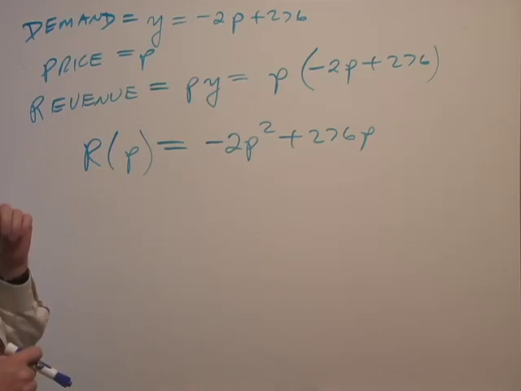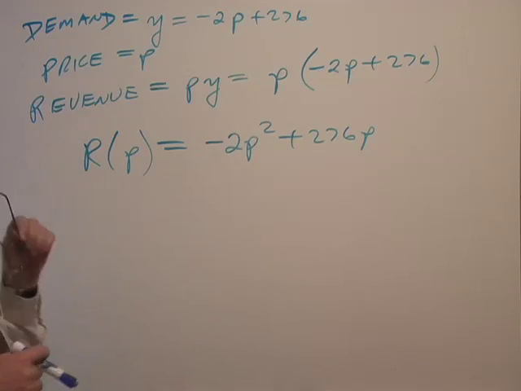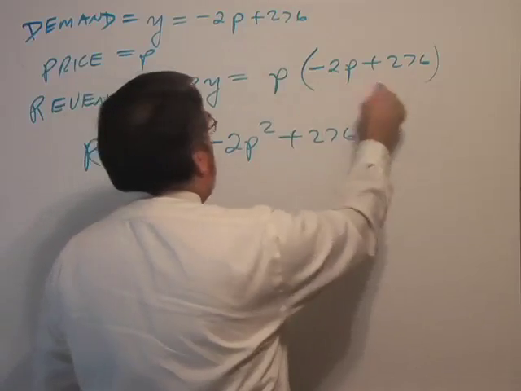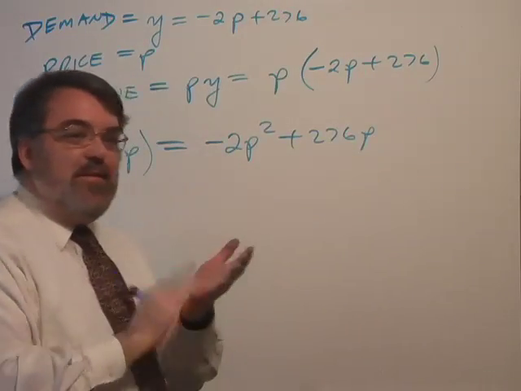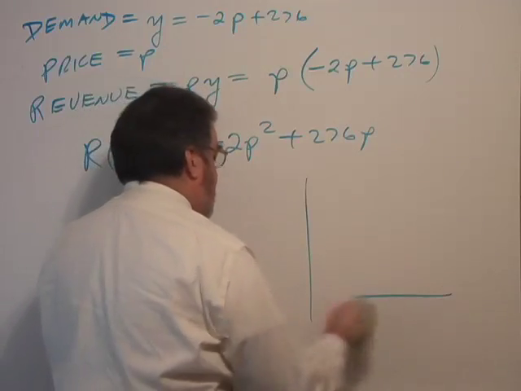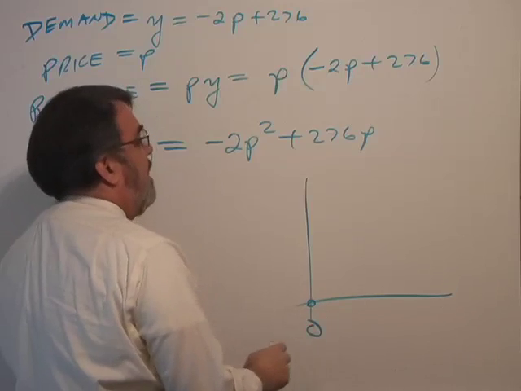I'm kind of doing this in my head, and let me show you quickly how I did this in my head. Because I look at this quadratic function as factored. And if I set it equal to 0, P equals 0 is one root of that equation.